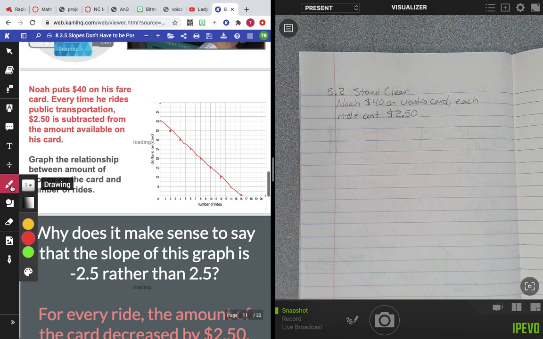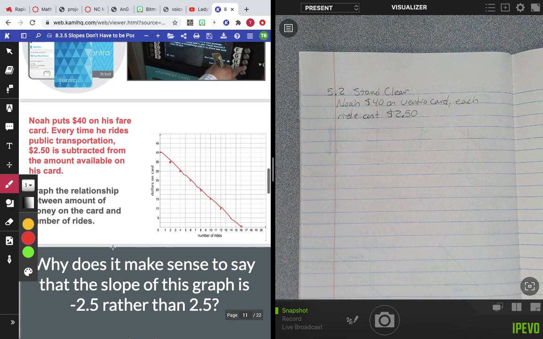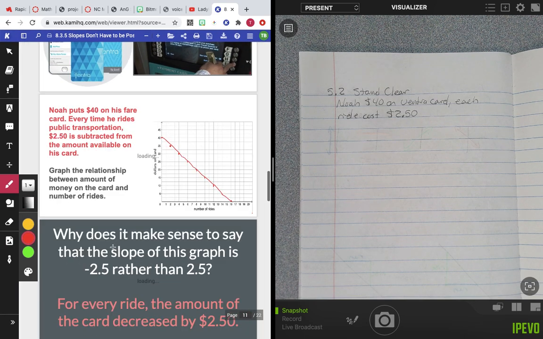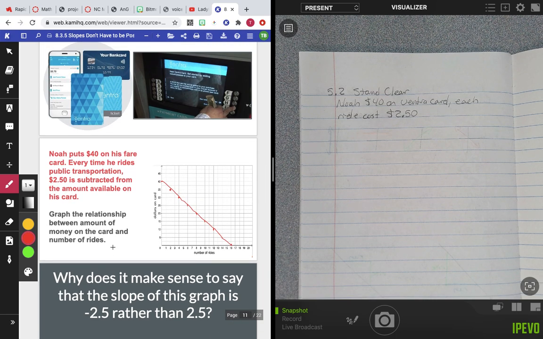I'm going to zoom back out. And so here, our next question is, why does it make sense to say that the slope of this graph is negative 2.5 rather than a positive 2.5?